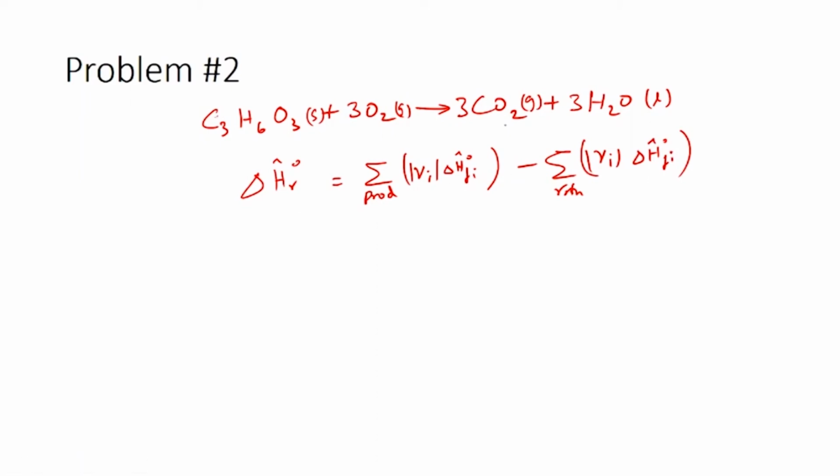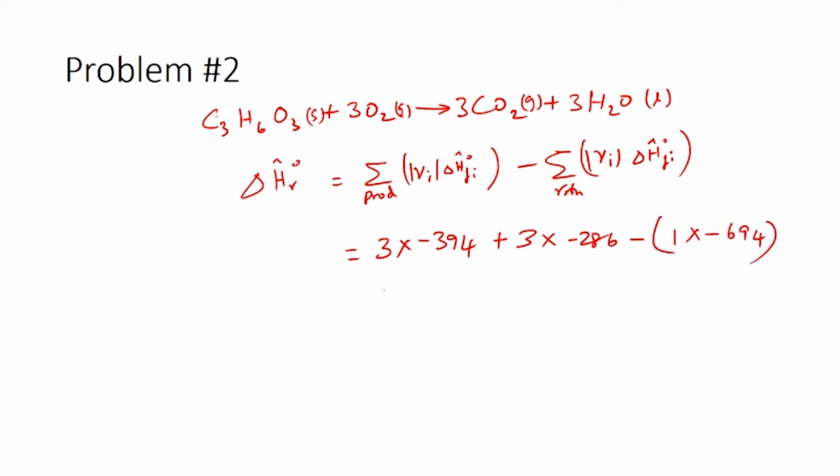So, the products are carbon dioxide and water. This would be 3 times the heat of formation of carbon dioxide, which is minus 394, plus 3 times the heat of formation of liquid water, which is minus 286, minus 1 times, which is the stoichiometric coefficient of lactic acid, times the heat of formation of lactic acid, which is minus 694.